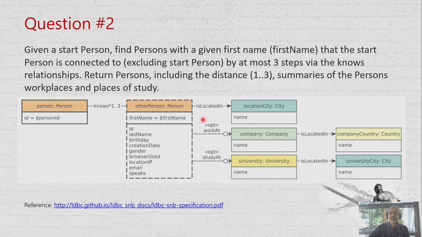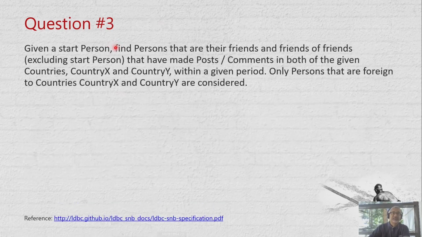For each of those persons, we will then enumerate their friends' set of characteristics. Where are they located? Where do they work? Where do they study? And so on and so forth. So a fairly simple looking query, but the challenge here is going to be how do we recursively find paths to not just direct friends, but friends of friends, and then third level friends as well. So a fairly interesting scenario. We will see how to implement this again as we progress through this presentation.